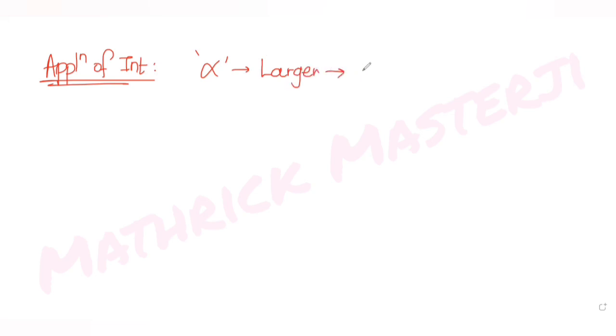Let's see today's question. Today's question is from the topic of applications of integrals. The question tells us: let alpha be the area of the larger region bounded by the curves y square equals 8x, which is the equation of a parabola, and the other two lines, y equals x and x equals 2.